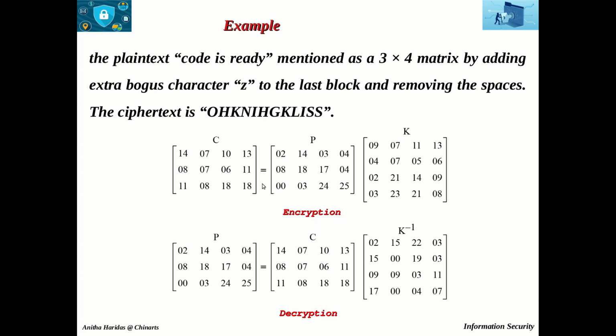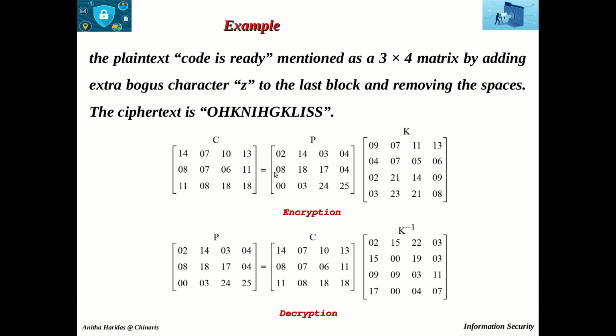So this is 3 rows and 4 columns. Here the m value is 4. So the key matrix K is a 4 by 4 matrix.